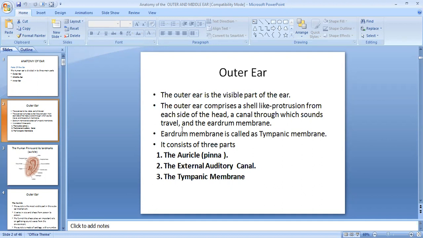So basically, the outer ear consists of three parts: the auricle, which is visible to the eye, then it leads to a canal, that is external auditory canal, and this canal then approaches a membrane that is known as the tympanic membrane. Tympanic membrane is actually the partition between the external ear and middle ear.